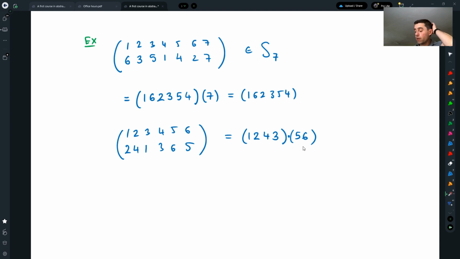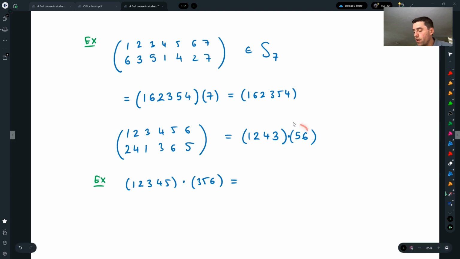What else? Let's also see how to do products or compositions of cycles. So what happens if I multiply (1, 2, 3, 4, 5) times (3, 5, 6)? How do I figure out which one this is? You see there is some intersection.